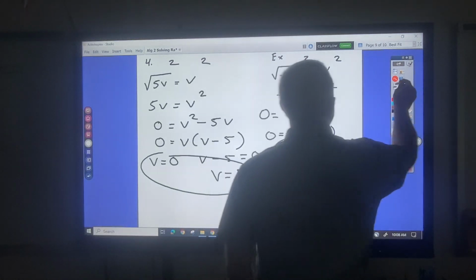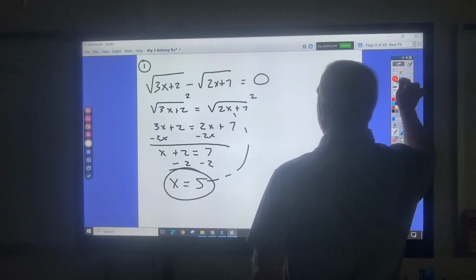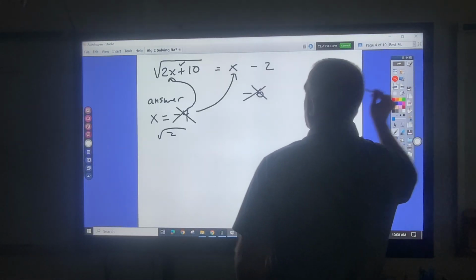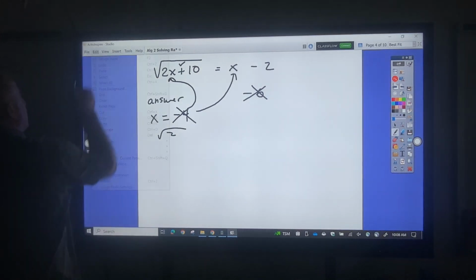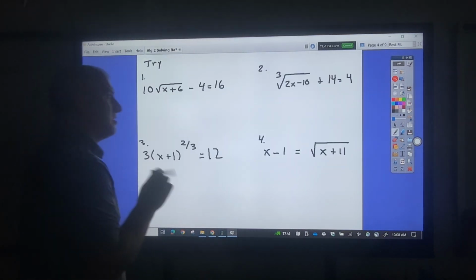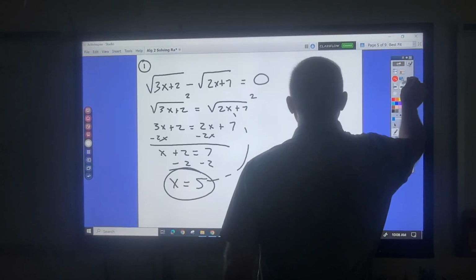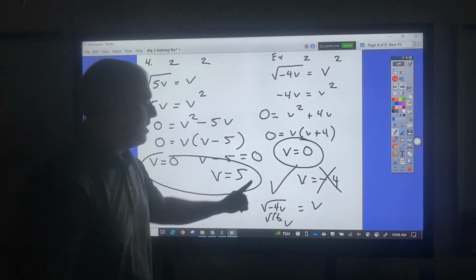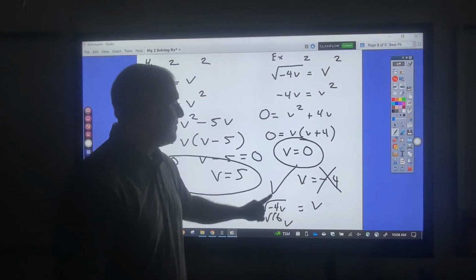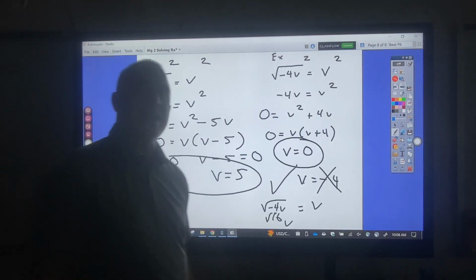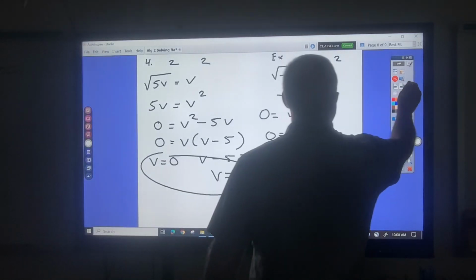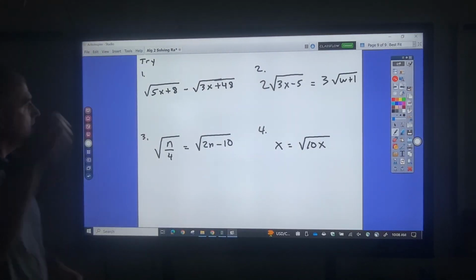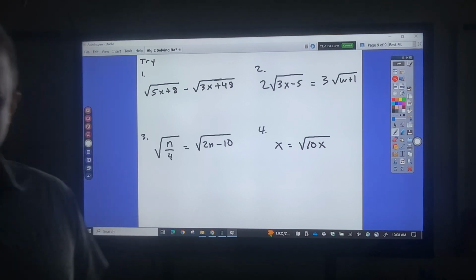Okay, so if that first example confused you, I'm just going to take that out real quick, because that second example is a little easier to understand. So the idea is, the one thing you have to check for is not just that the under part works, but that if you have an even power, it cannot equal a negative number. Okay, so go ahead and try these on your own, and that's solving radical equations.